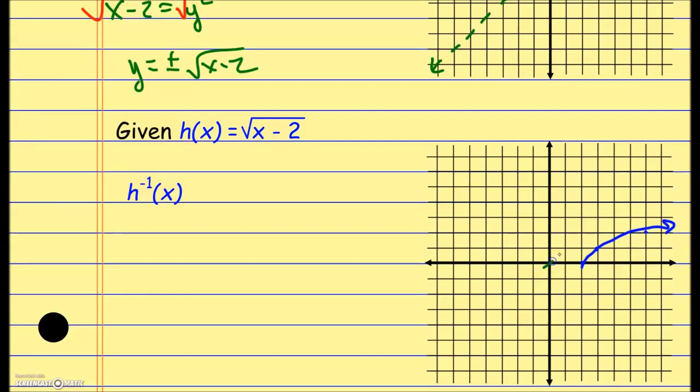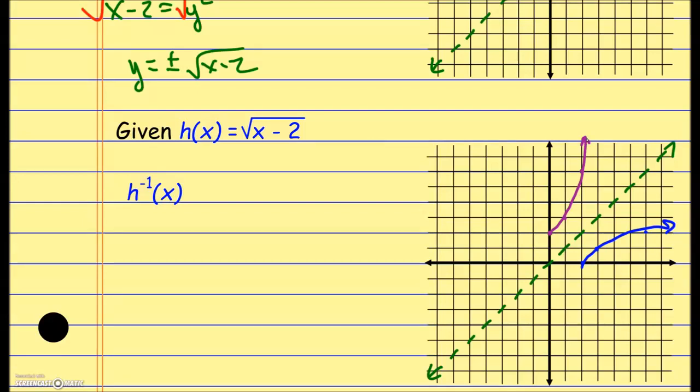So I'm going to go ahead and reflect this thing. As I reverse those ordered pairs and reflect each of these points, I get a point here, here, and here. So my graph, according to reflecting this thing, just looks like this. So I end up with half of a vertical parabola.